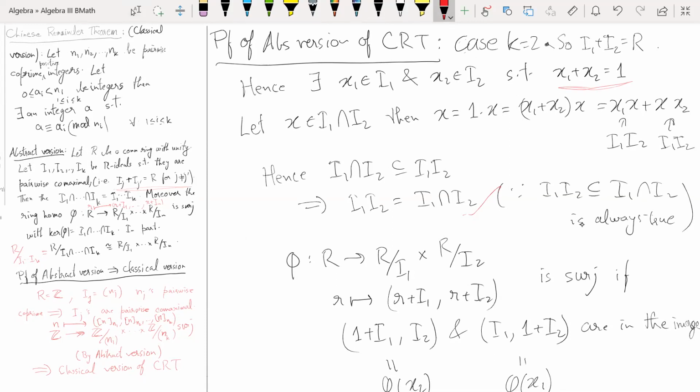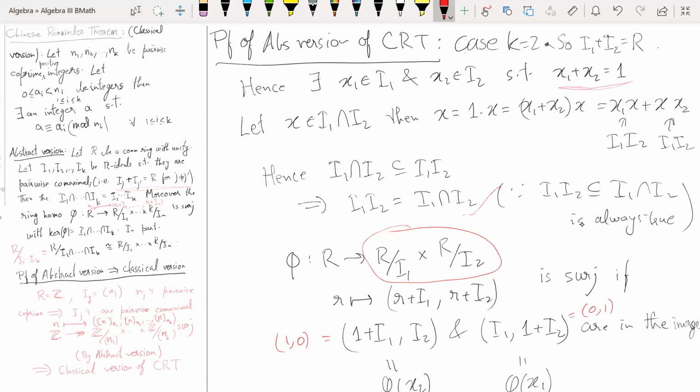Remember that there are two distinguished elements, 1 comma 0 and 0 comma 1, in this right hand side, which you can think of, using the quotient notation, as 1 plus I1 comma I2, and I1 comma 1 plus I2. So this is 1 comma 0 and this is 0 comma 1.